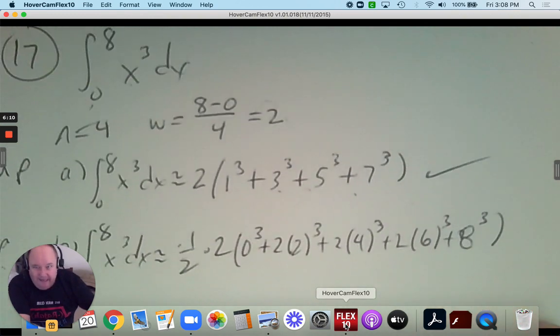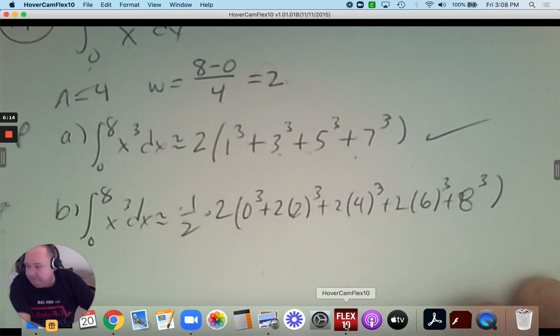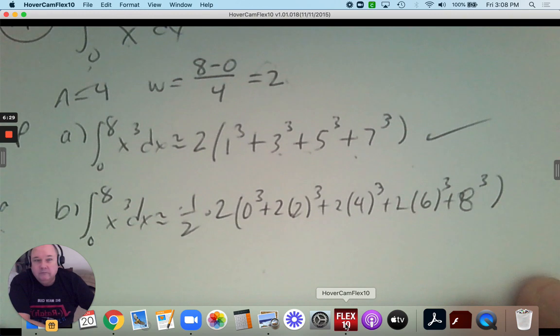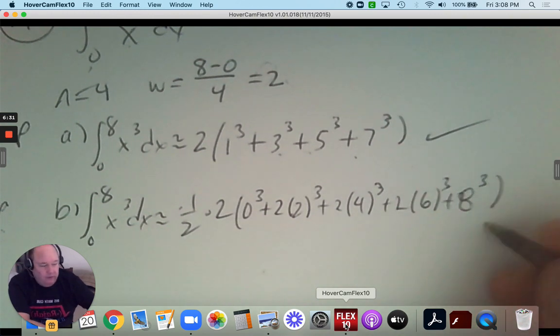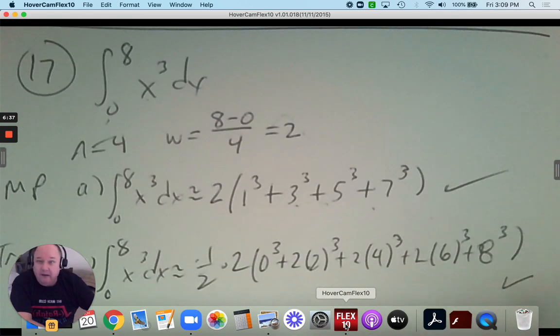So it's just 8, and you have it. So that's a Riemann sum and a trapezoidal rule. And there's no need to simplify that. That would be silly, unless you had a calculator, you could just type it in. But that's not where we're at.